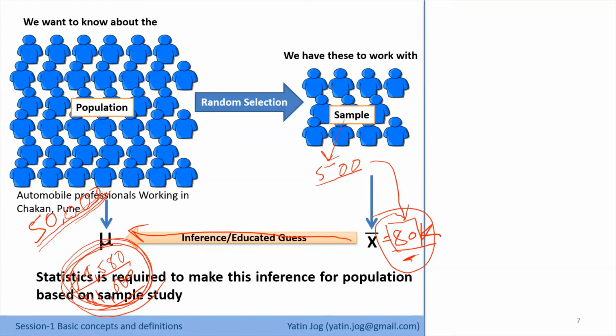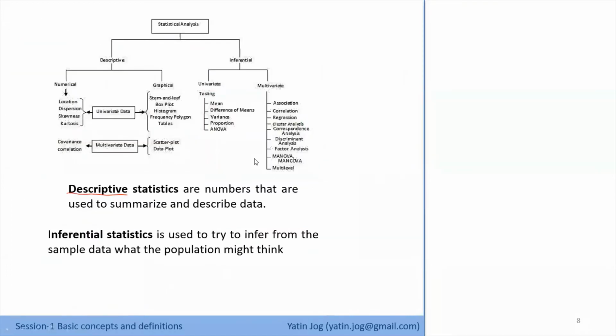So we'll go to the next slide now. In statistical analysis, we have 2 branches or 2 types: one is descriptive statistics and the second is inferential statistics. Descriptive statistics, as the name suggests, is when we use statistical analysis to describe or summarize my data.